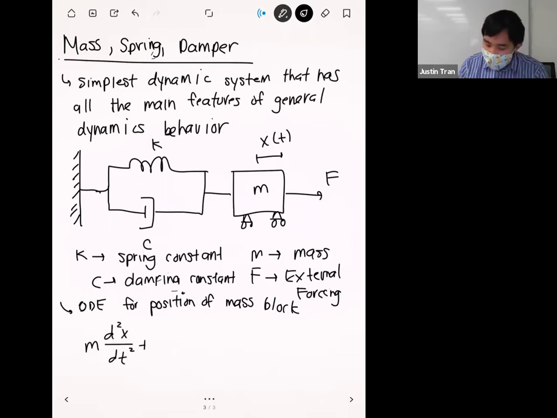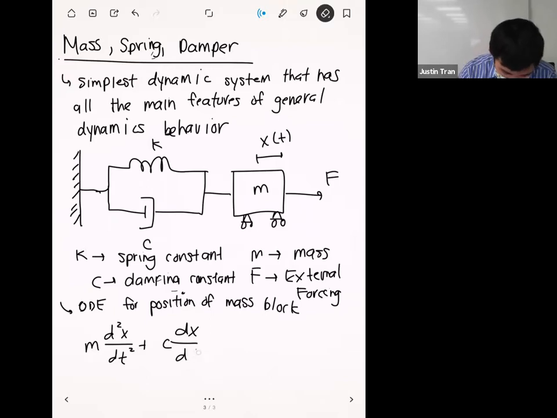So you have m times the double derivative of x with respect to t. You'll probably recognize this as m times a, because the double derivative of position is acceleration. Then we have the damping term, and the damping term is proportional to the velocity, c times dx/dt, sorry about that.